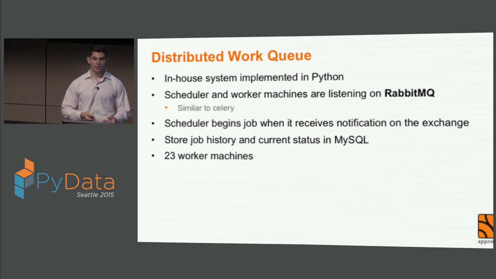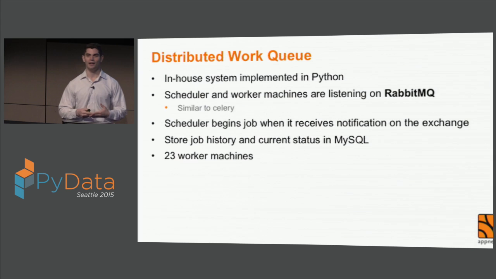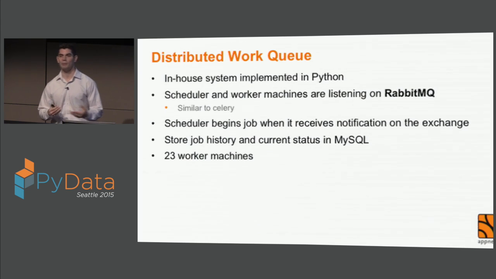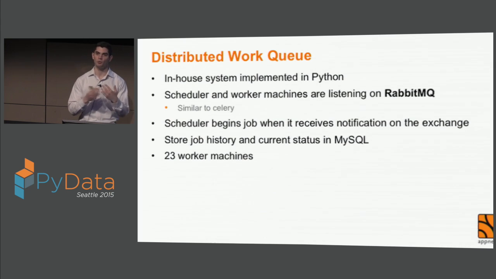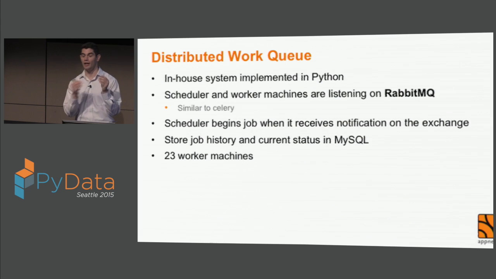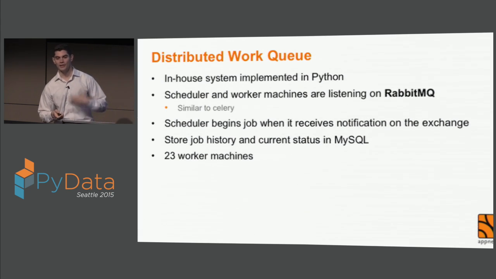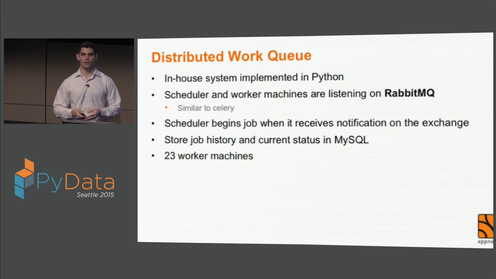On the optimization team, we've implemented our own in-house distributed work queue. It uses RabbitMQ to facilitate message passing between workers and schedulers, and between external sources and our scheduler to kick off any computations that we want to do.